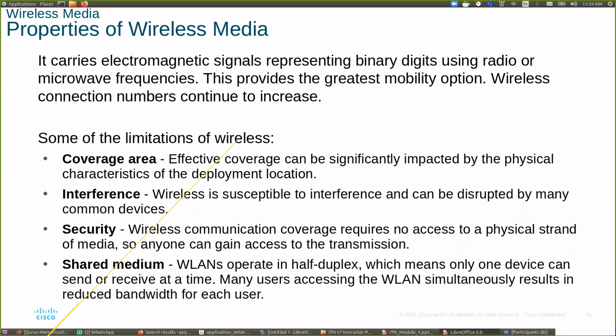Interference is what disrupts the wireless signal coverage; physical structures in cities or towns will impede the coverage area of wireless signals. Security is another concern, making sure the wireless signal is secure. Shared medium: wireless LAN operates in half duplex, which means only one device can send or receive at a time.